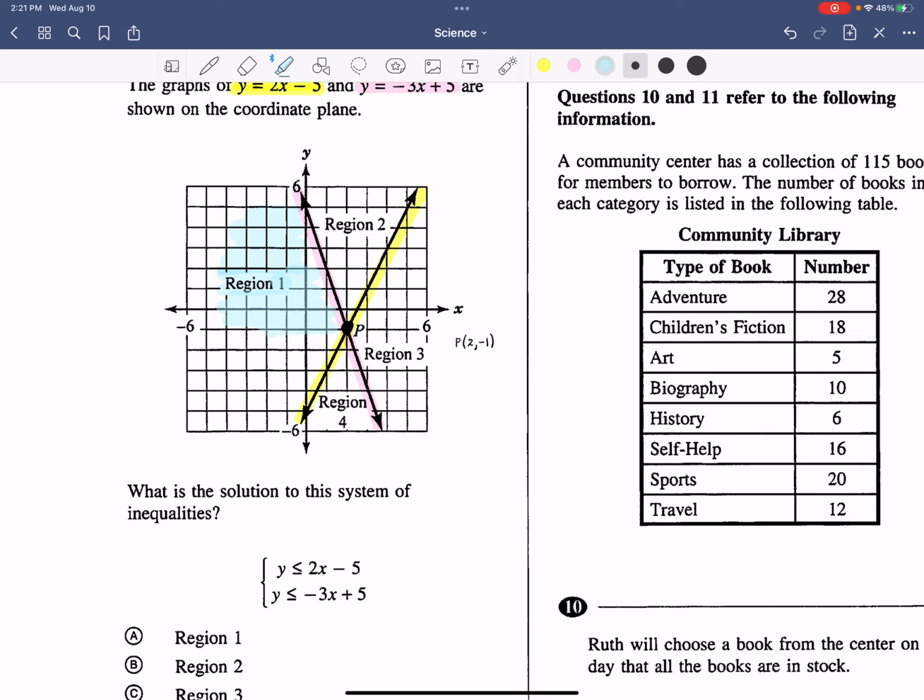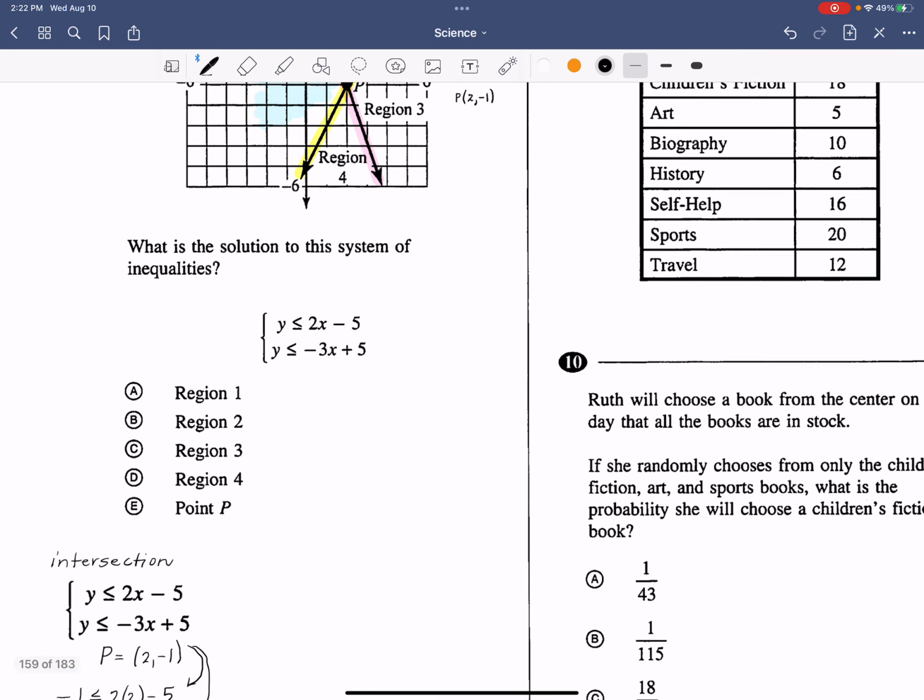And have them pick a point that is in region 1. Now, anytime I can use origin, I usually will, but in this case, I'm going to go ahead and pick the point that's right here. It is in region 1. That is point (1, 1). Pick something easy and test this system again.